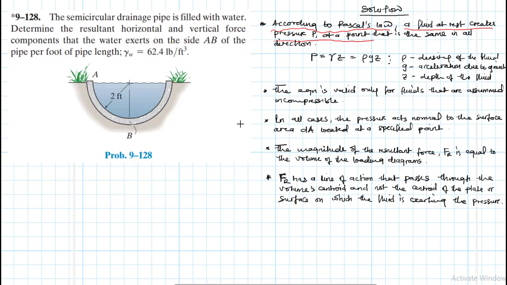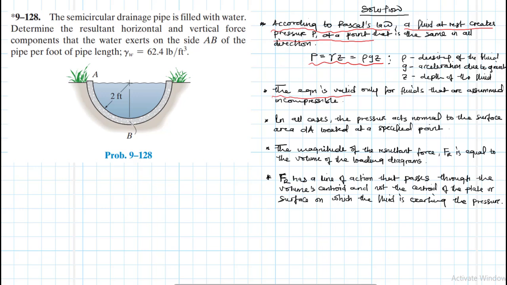This can be represented mathematically by p equal to gamma z, where gamma is the unit weight, later equal to rho g z, where rho is the density of the fluid, g is the acceleration due to gravity, and z is the depth of the fluid.